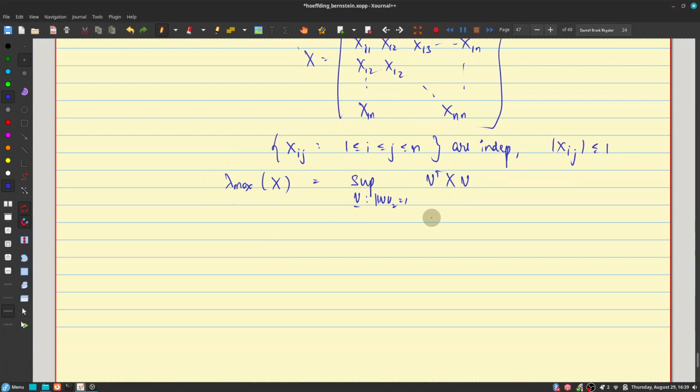It should be some norm of the matrix. Okay, what do you mean some norm of the matrix? When we take the maximum, the largest value is the largest value. Okay, so this is what it is, right?